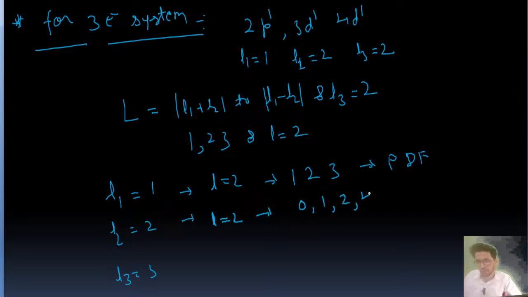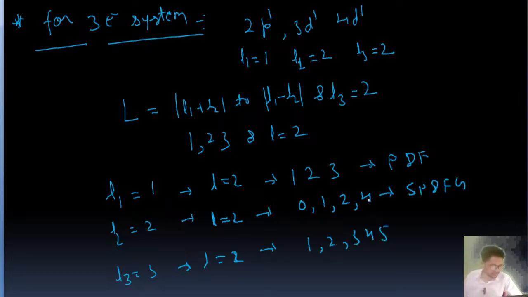This is S, P, D, F, G. And for L equal to 3 and L3 equal to 2, this is going to be 5 and 1, meaning 1, 2, 3, 4, 5. So this is P, D, F, G, H. This is for a 3 electron system.